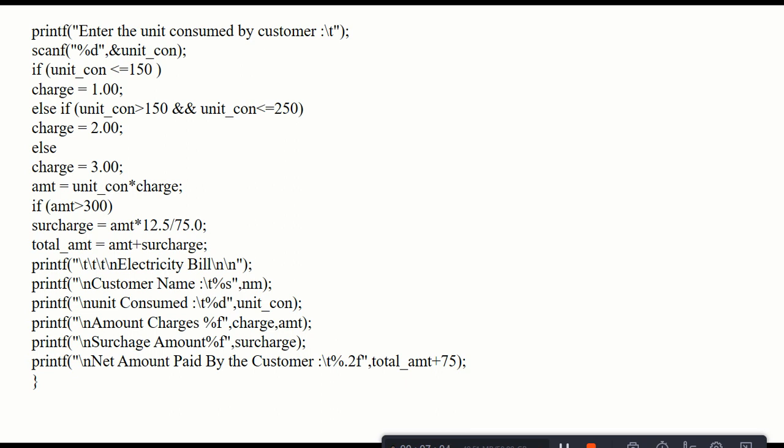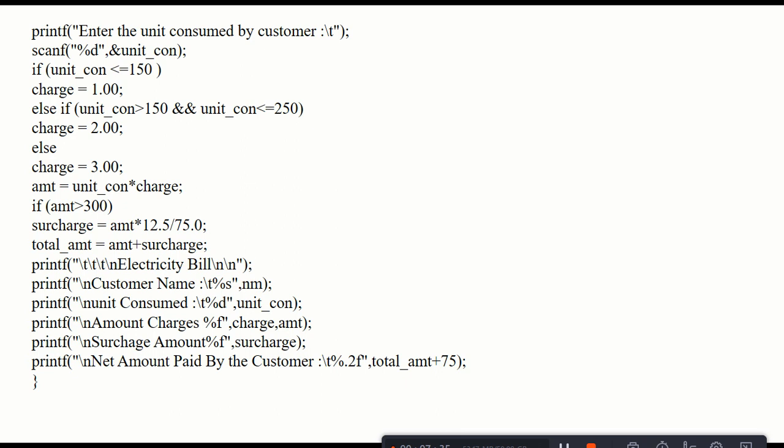Then the formula. If units consumed is less than or equal to 150, then charge is 1. Else if units consumed is greater than 150 and less than or equal to 250, charge is 2, else charge is 3. Then we calculate amount equal to units consumed into charge.